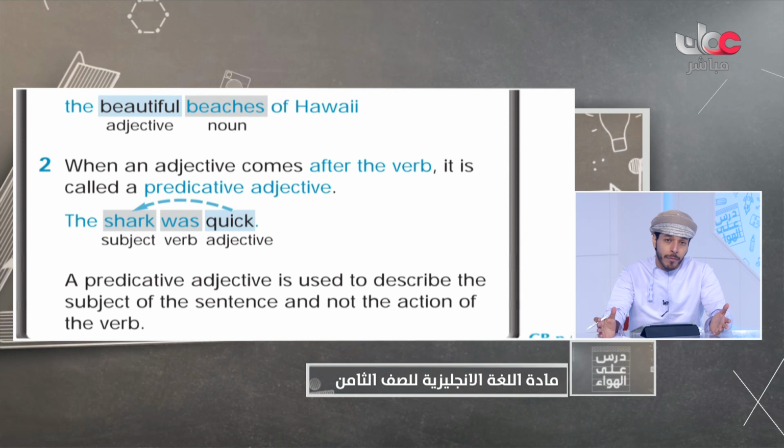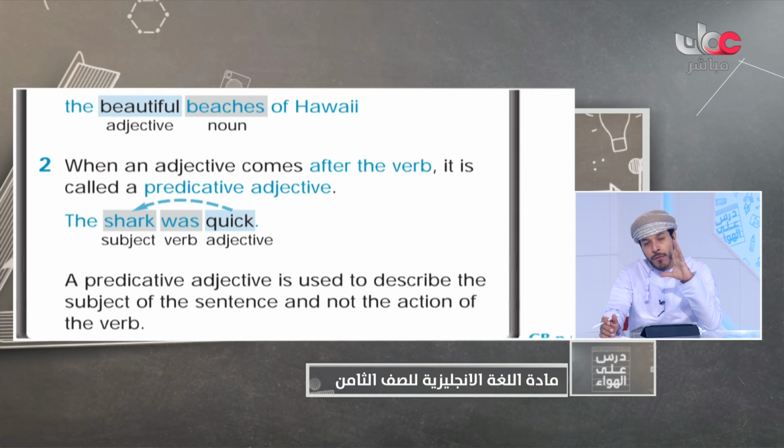Beautiful sky, a new mobile phone, an old mobile phone. Okay? A short boy, a tall girl. So all these adjectives come before the noun. So we call them attributive.